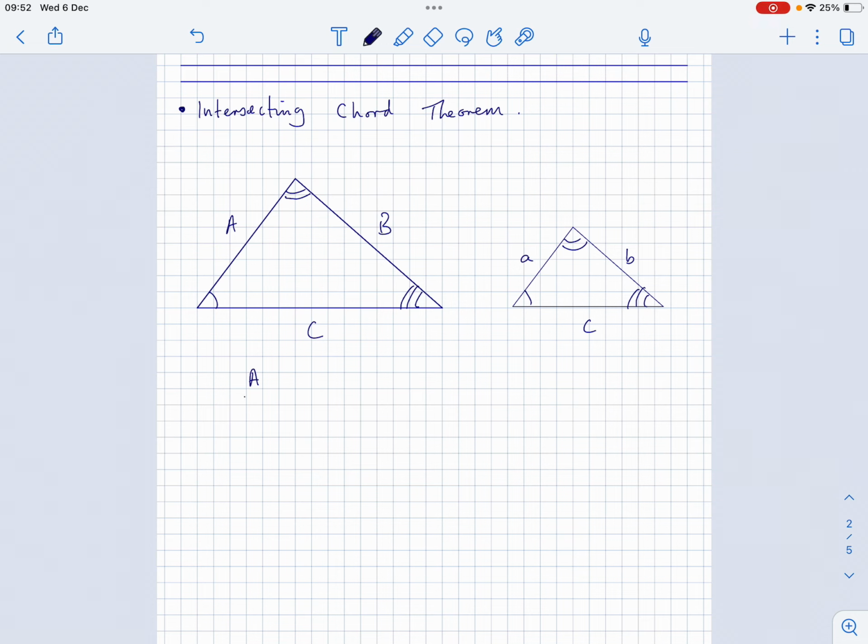So if I did the capital letters all divided by the lowercase, I would get that same scale factor. And that means that the sides are in the same ratio, therefore they're similar.